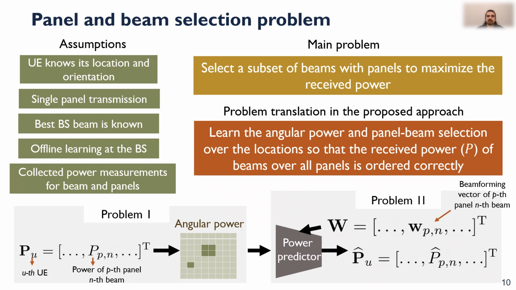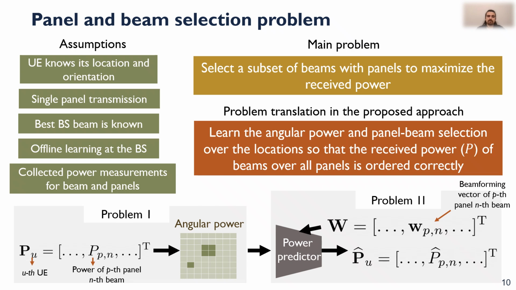We assume single panel transmission, and we assume that the base station beam is known. This assumption is made in order to focus on the UE side of the problem, the beam and panel configuration at the UE, not the base station. So our method is not strictly tied to these assumptions.